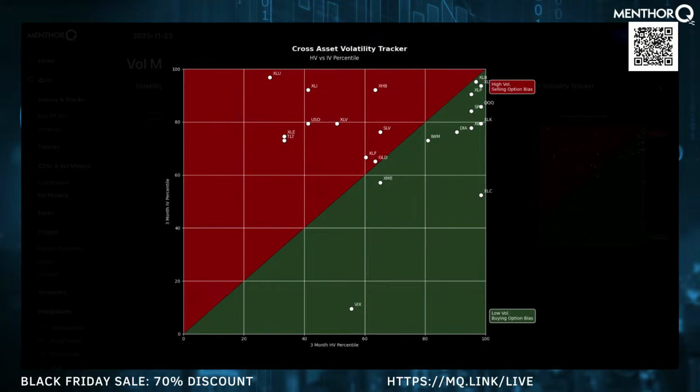What this compares is the 3-month historical volatility percentile versus the 3-month implied volatility percentile, and you see that the VIX is currently in a low historical volatility percentile. You can use this to spot potential strategies for option plays, but also as a futures trader, you can understand how the market is pricing risk.